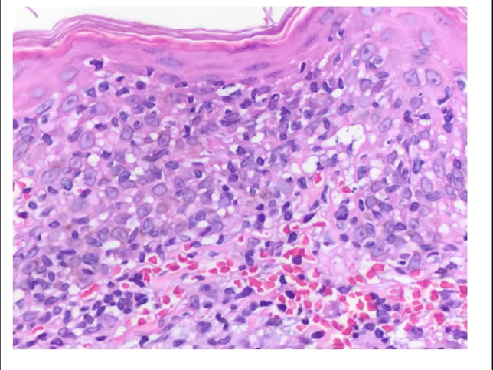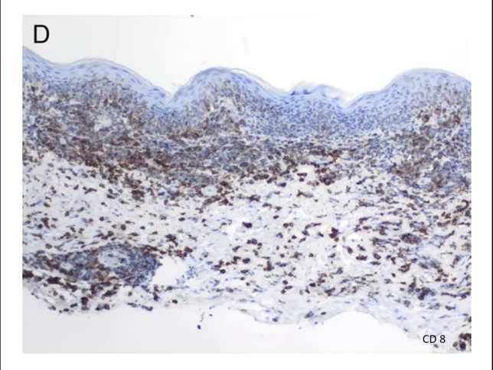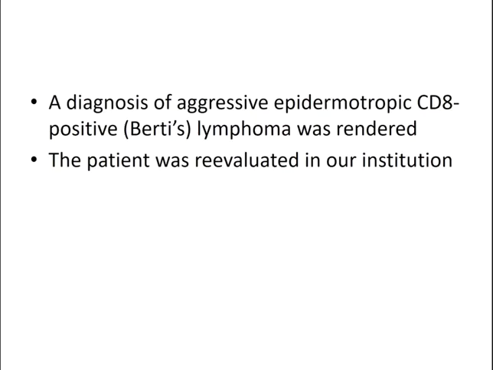So you do your immunos, and this is actually CD8 that highlights most of the cells. The diagnosis in this case was CD8 positive, aggressive, cytotoxic, epidermotropic T-cell lymphoma, which is a provisional category in the WHO. Since the name is so long, we just call it Berti lymphoma, because Berti is an Italian. These Italians are everywhere.